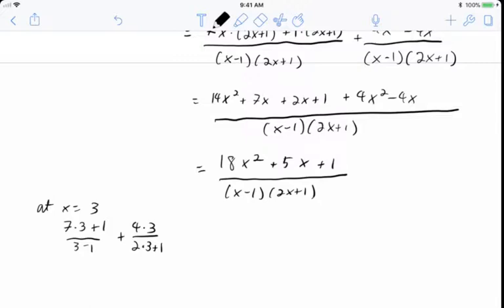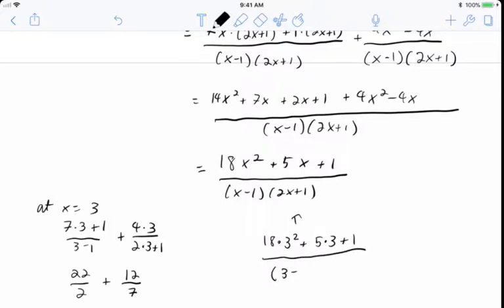So it should be 22 divided by 2 plus 12 divided by 7. And this one at that point should be 18 times 3 squared plus 5 times 3 plus 1, divided by 3 minus 1 times 2 times 3 plus 1.